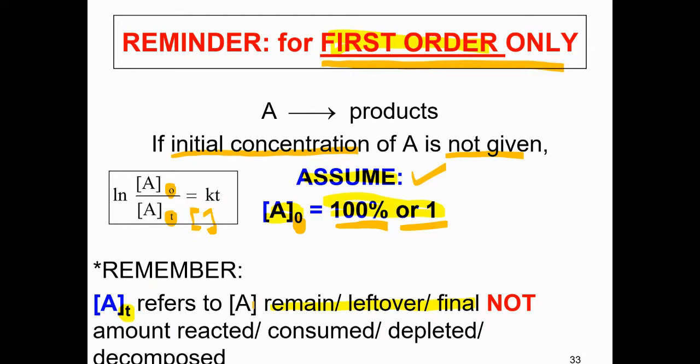This part refers to the concentration of reactant that remains left over, or is final. It does not represent how much reactant has reacted, been consumed, depleted, or decomposed. These are the usual words used to describe the process of reactant A.